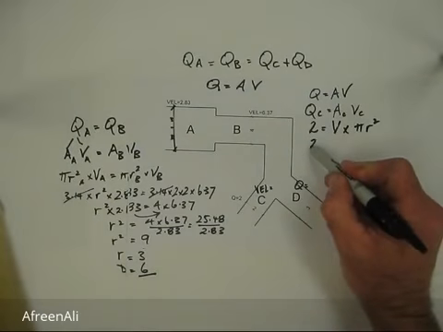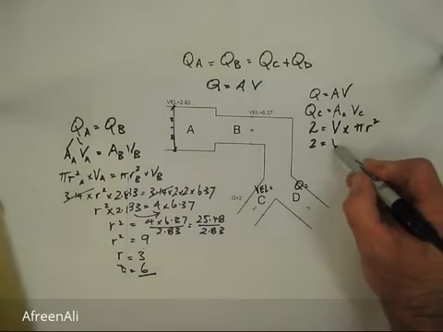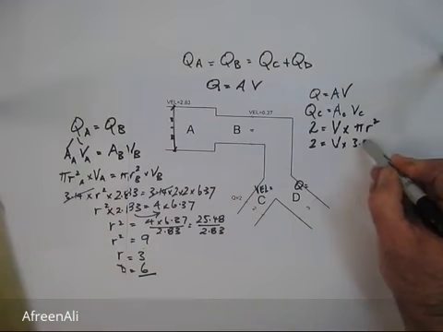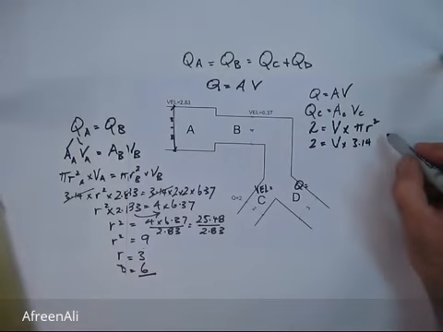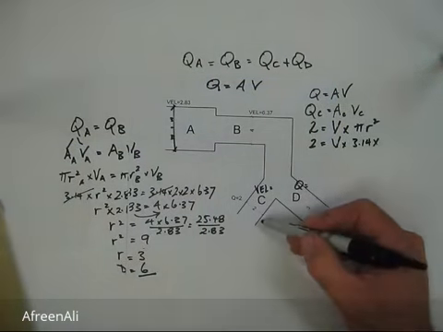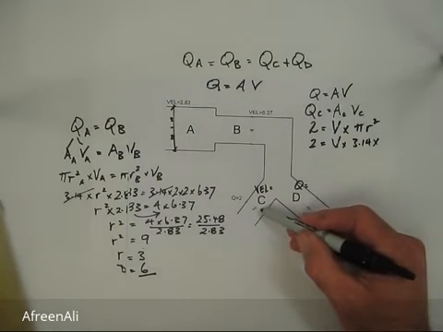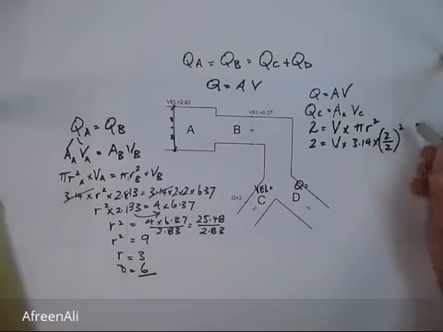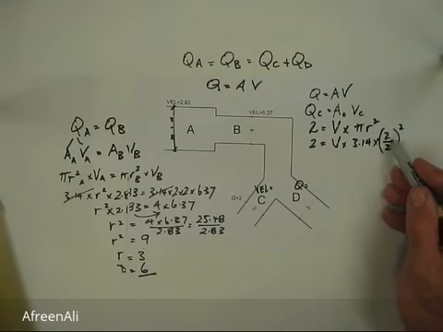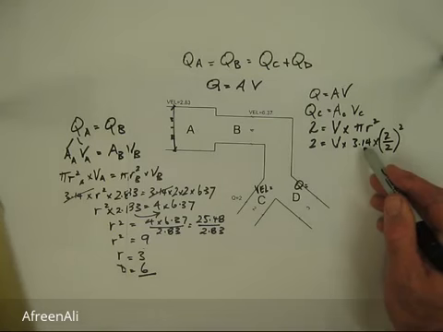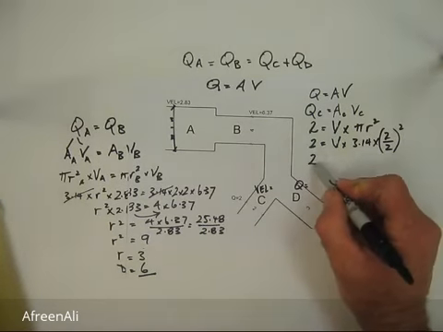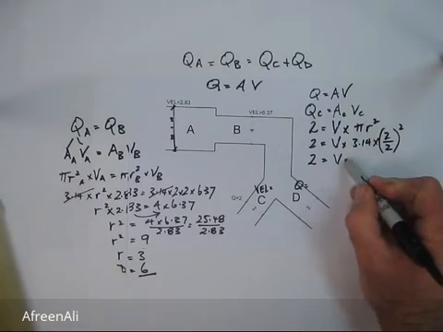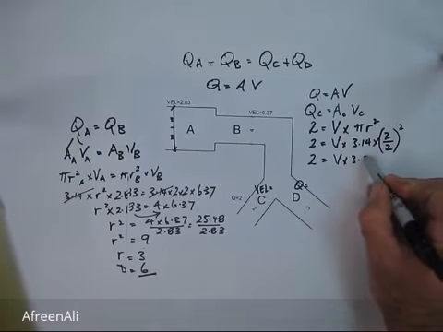So we can rewrite that as 2 equals V times pi, 3.14, times the radius, which is the diameter 2, divided by 2, squared. 2 divided by 2 squared is 1. 3.14 times 1 is 3.14. So it's true also to write that 2 equals V times 3.14.